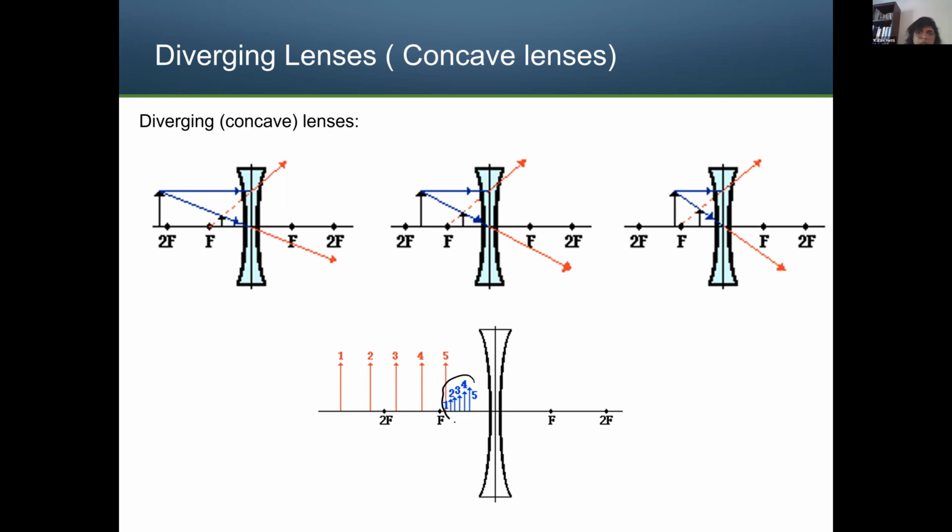You are just going back and forth according to the location of the object. Other than that, there is no deviation. Always upright, virtual, smaller in size will be the image information for the divergent lens.